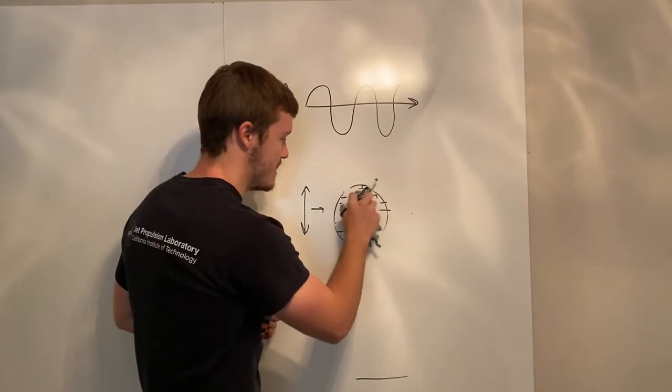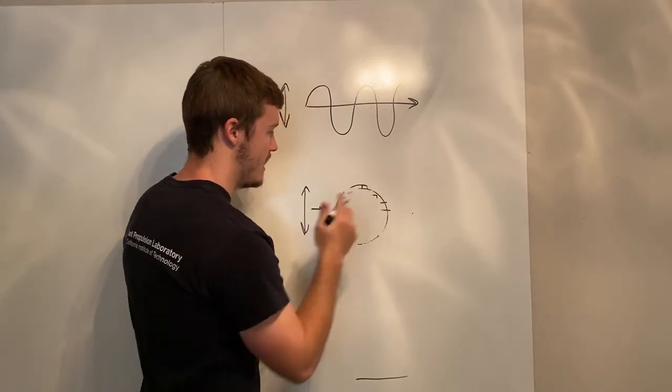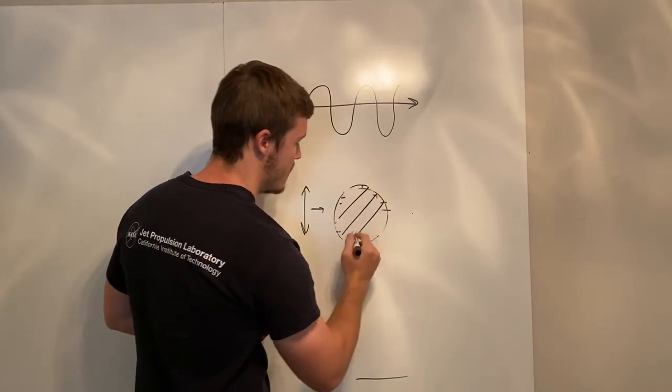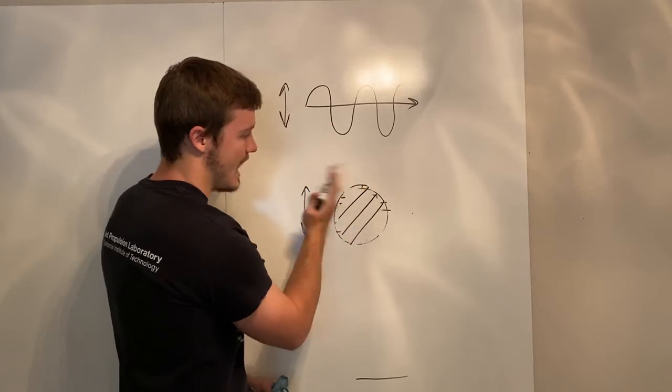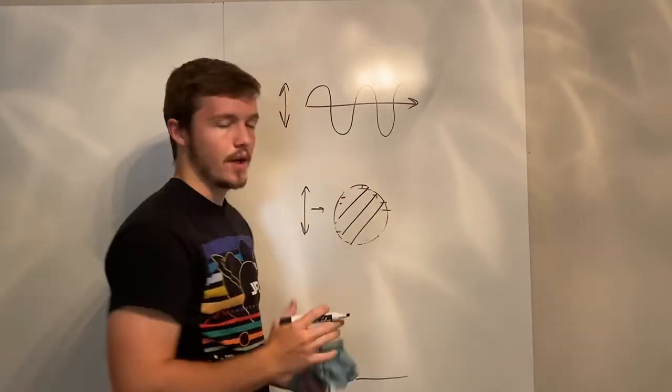Okay, what about in between? So let's handle the case where it's in between. You might think that, based on the way I've described it so far, if the angle doesn't line up exactly, you won't get any light through at all, but that's actually not true.